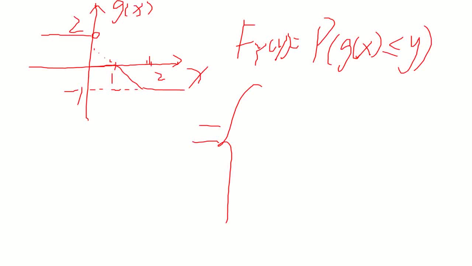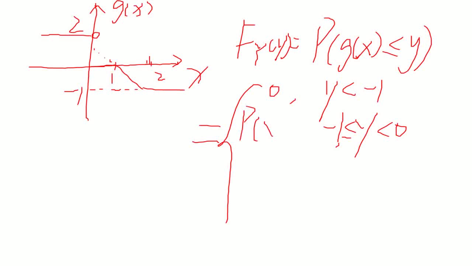That equals 0, which is obvious, for y less than minus 1. When y is no less than minus 1 and less than 0, it equals the probability of x greater than 1 minus y.